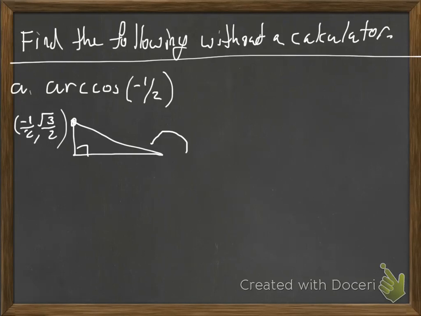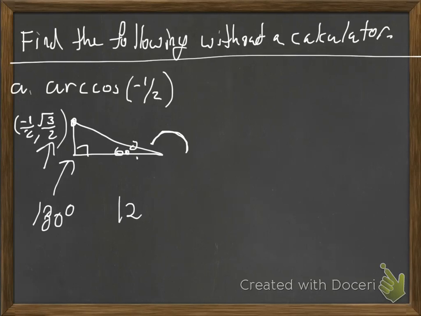Now, the root 3 over 2 is bigger than 1/2, and so this coordinate here, that's the sine, and the sine is going to be with the bigger angle being 60 degrees. So this angle here is going to be 60 degrees. Okay? Now we got a straight angle here, that's 180 degrees. So this angle should be 120, plus 60 will be 180.